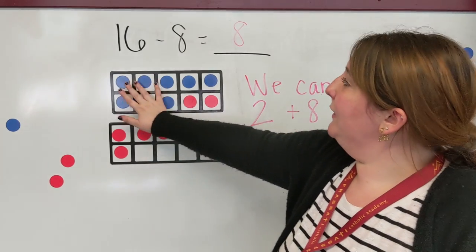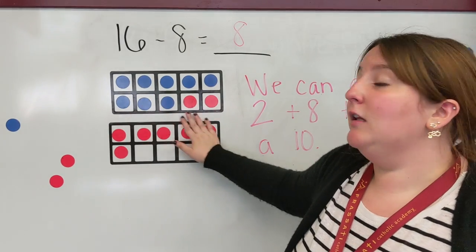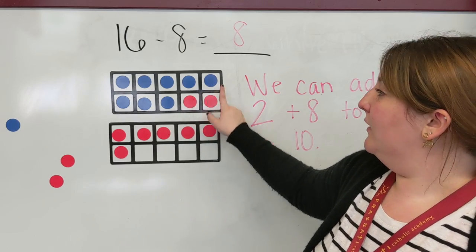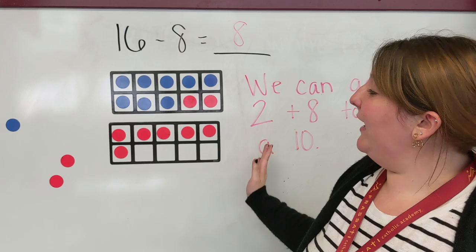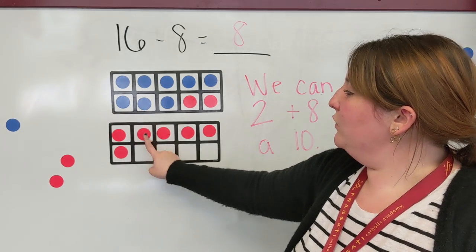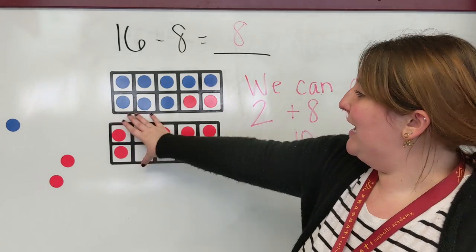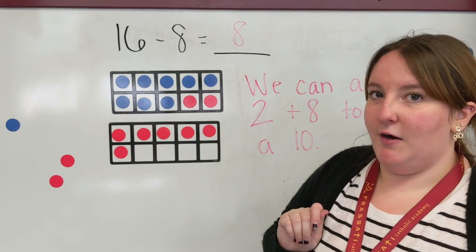We started with 8, and to fill up our tens frame, we added 2 to make a 10. Then we have 1, 2, 3, 4, 5, 6 red counters in the second tens frame.